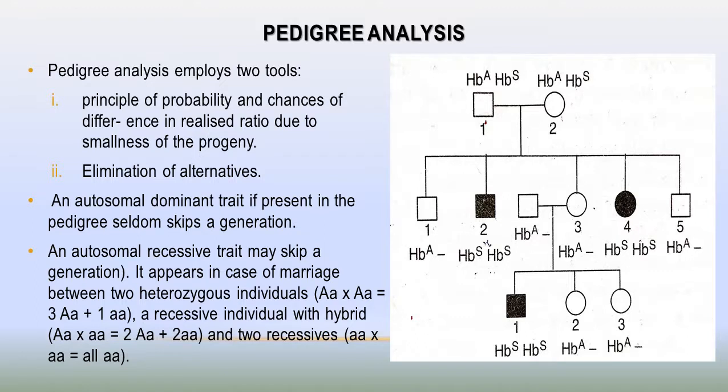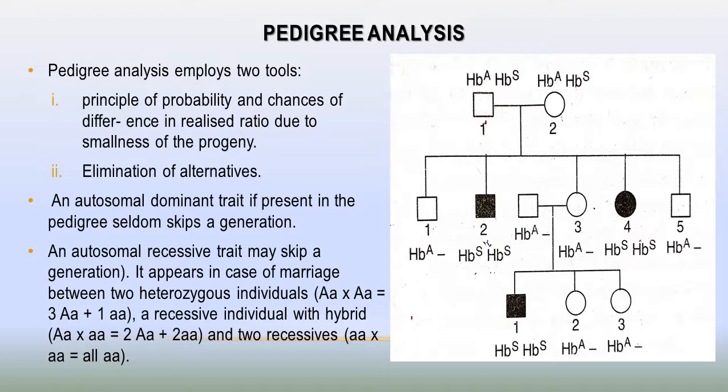Sickle cell anemia occurs when both affected genes, HBS, are present together. At that time they show expression, and the individual is sickle cell anemic. Here you can see that in the first generation the parents are carriers.